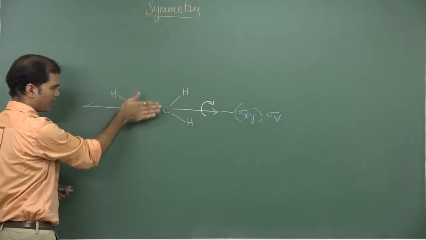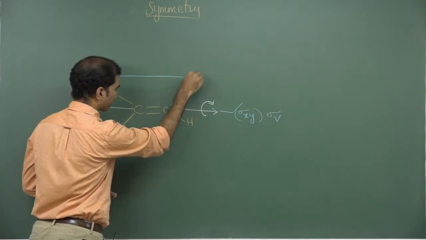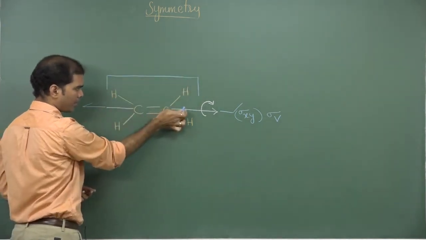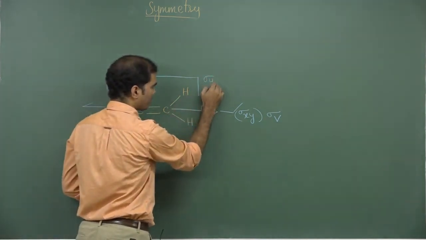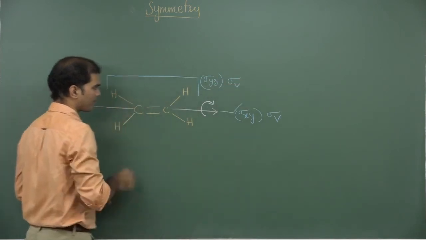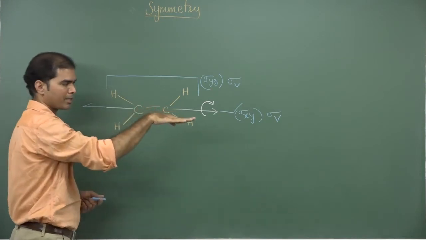Then let me pass a molecular plane. We are passing a molecular plane. This molecular plane is parallel to the principal axis. So it was previously called a sigma yz. Now we are calling it a sigma V only. Sigma V, parallel to the principal axis.